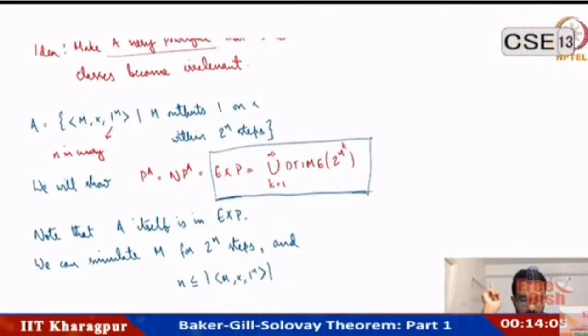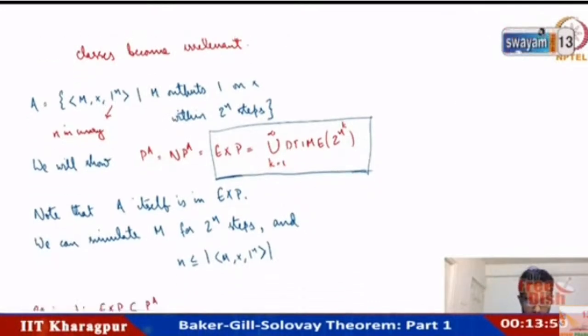And first of all, notice that this language is in exponential time. Why is that? Because we could simulate M for 2^n steps on the input x. So it may take roughly order 2^n steps, maybe 2^n multiplied by some constant or something like that.